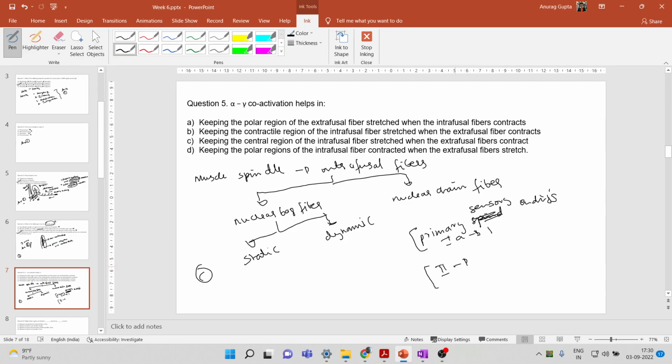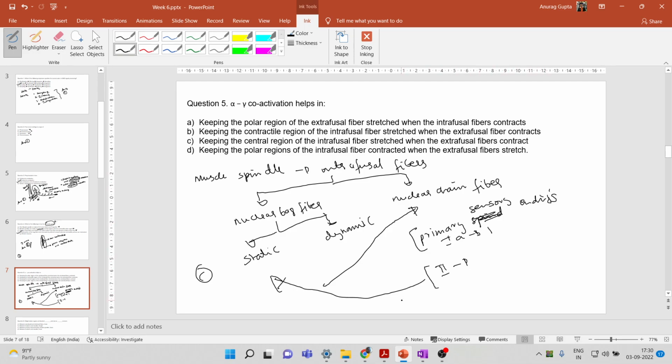Whereas in type 2 proprioceptors, the axons are smaller compared to 1A, and the conduction velocity is also smaller. However, these innervate the static bag fibers and the chain fibers. This is one thing that you need to keep in mind. So this is how the structure is arranged.